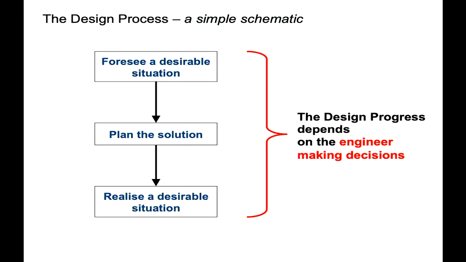But the wording up here is very nice in that it's a positive start. We foresee a desirable solution. So we're okay, but we'd like to be better. Which is just another way of thinking about what design is. We plan for something and we realise that something.